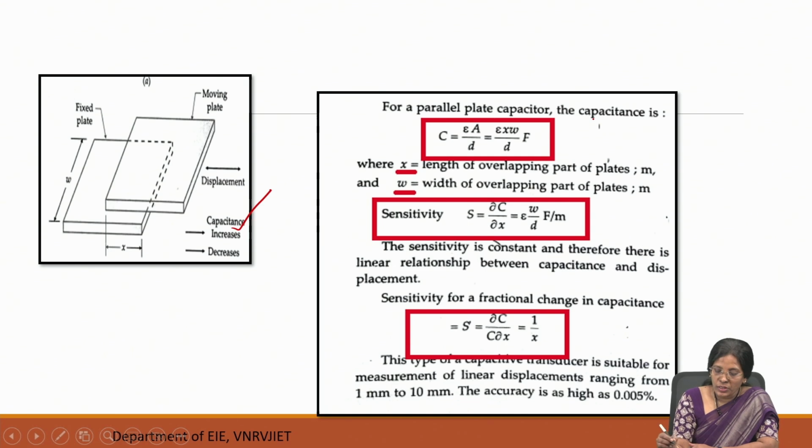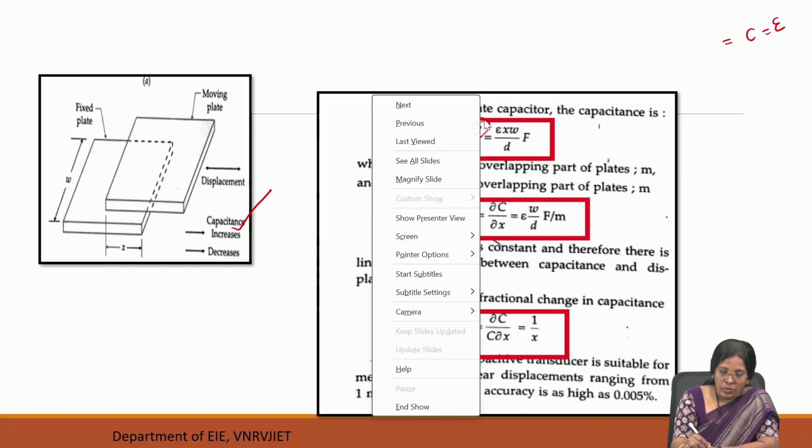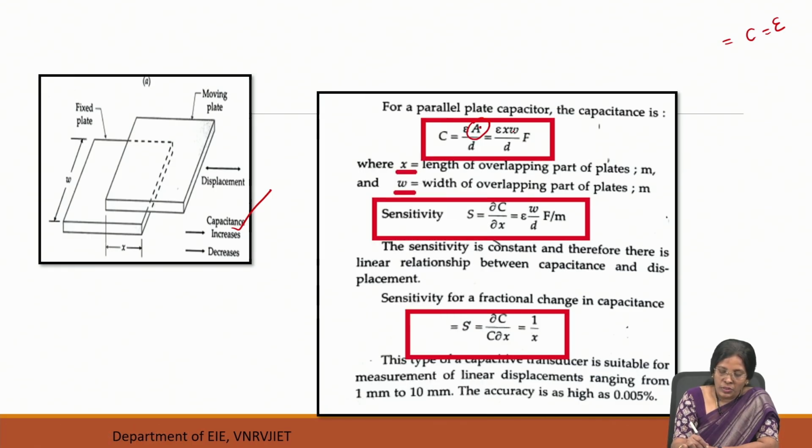For the parallel plate capacitor, as we know, C is equal to epsilon A by D, where A is the overlapping area, which we can write as X into W. X is the overlapping length of the plates and W is the width of the overlapping plates.